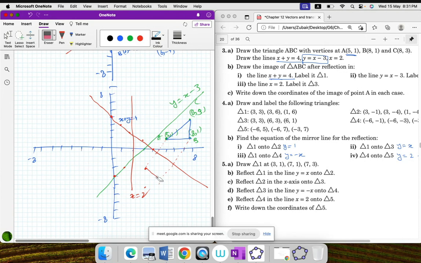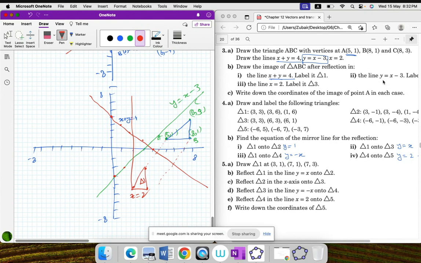Because I have these x's twisted, the shape is not appearing exactly as it should be. Part 1 is x plus y is equal to 4. So it would somehow look like this, and this is triangle 1.